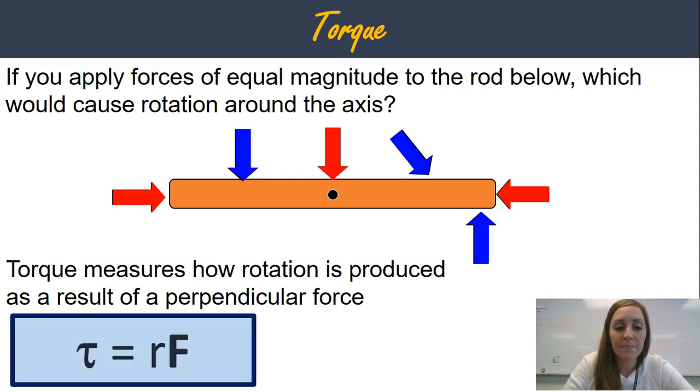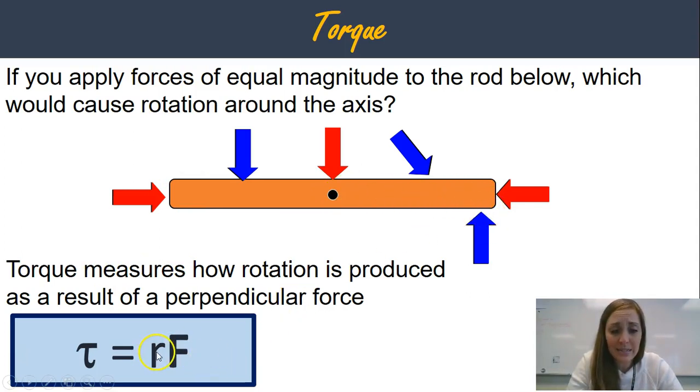So here's your formula. This is a lowercase tau Greek sign, and so torque equals radius times force. And what I mean by radius is, if this rod started turning, what is the radius between the point of axis and where you're applying the force?